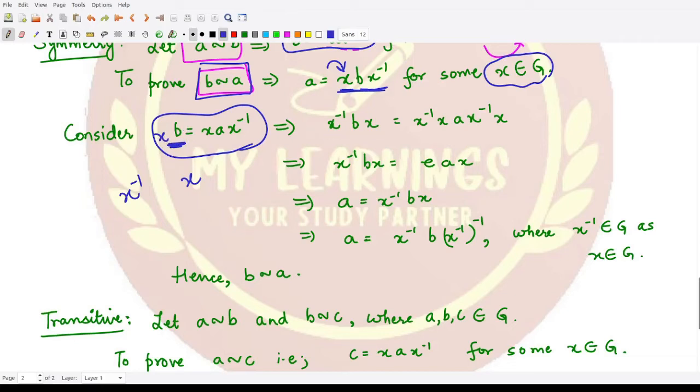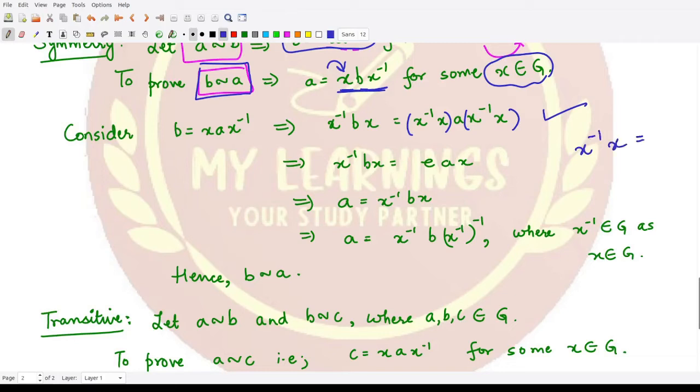On the right hand side we have x inverse x A x inverse, and then x. After pre-multiplying with x inverse and post-multiplying with x, we have this relation. Now using the associativity property, and since some element's inverse multiplied with that element gives the identity, and similarly x into x inverse also gives the identity of the group, we simplify.